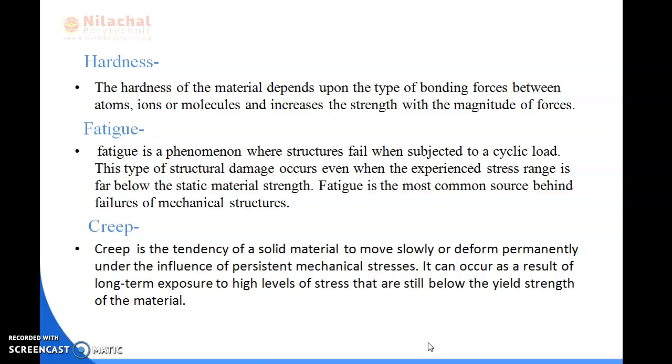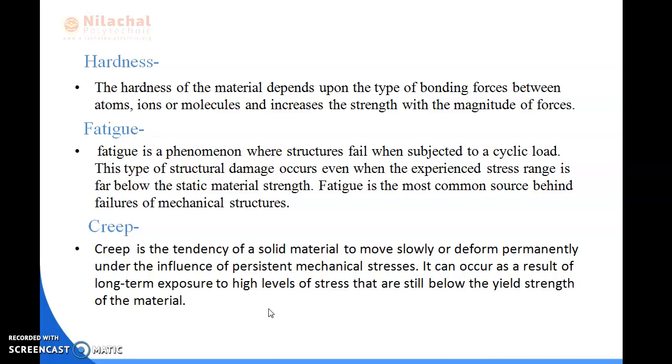Depending on the magnitude of the applied stress and its duration, the deformation may become so large that a component can no longer perform its function. For example, creep of a turbine blade could cause the blade to contact the casing, resulting in the failure of the blade.